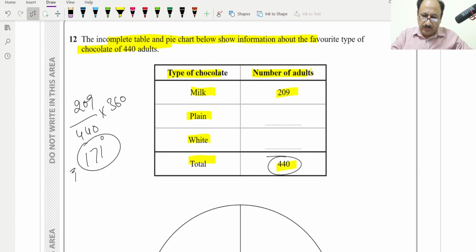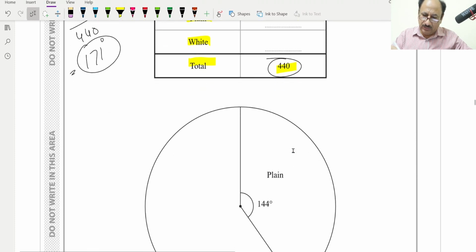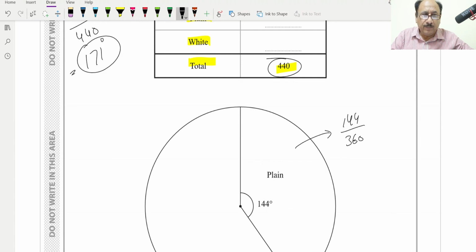Now we can calculate first this plain section, and the plain section is 144 degrees, and we can calculate 144 divided by 360, multiplied by the total, this one 440.